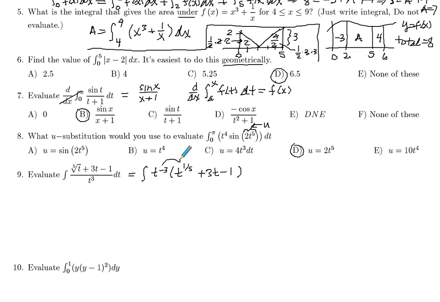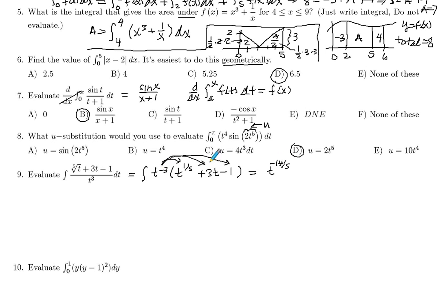And now we multiply this in times each piece. Remember, we're trying to just get all powers so we can use the power rule. So when you multiply, you add exponents. So a negative 3 and a positive 1/5: negative 15/5 plus 1/5 is going to be negative 14/5, just getting a common denominator.